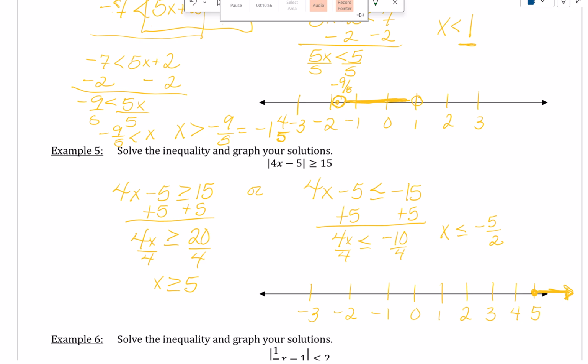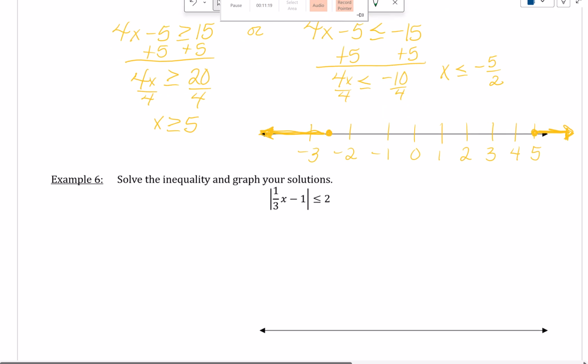So two areas that would make it true. And or less than negative 5 halves, which is negative 2.5, closed circle, and less than. So the ors, remember, are going out in both directions because it has to be one or the other.